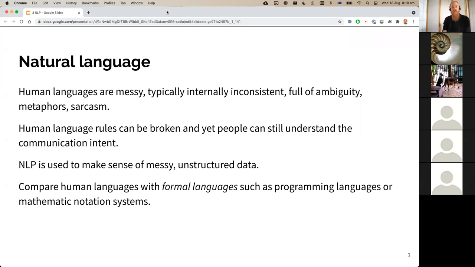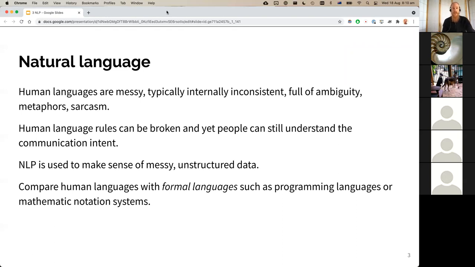This came up in the first lecture, this question about what is natural language and the difference between natural languages and programming languages. So in NLP and language tech development, natural language is a term used to refer to human languages, whereas programming languages are more often referred to as formal languages.